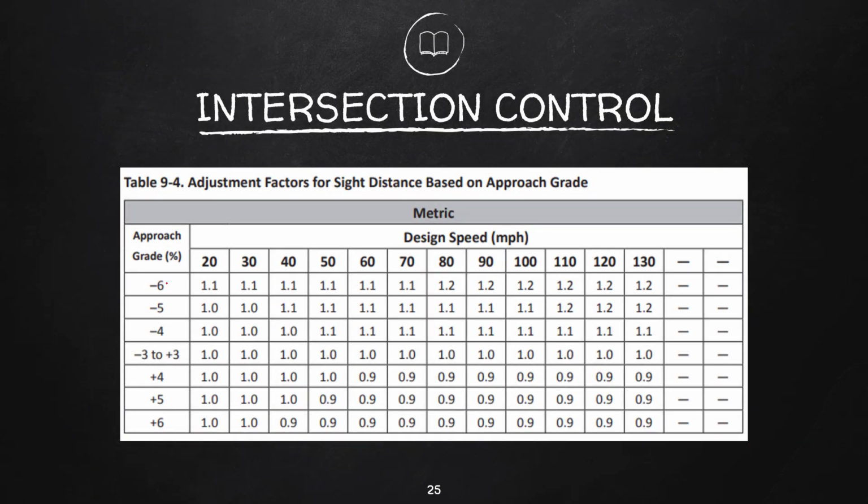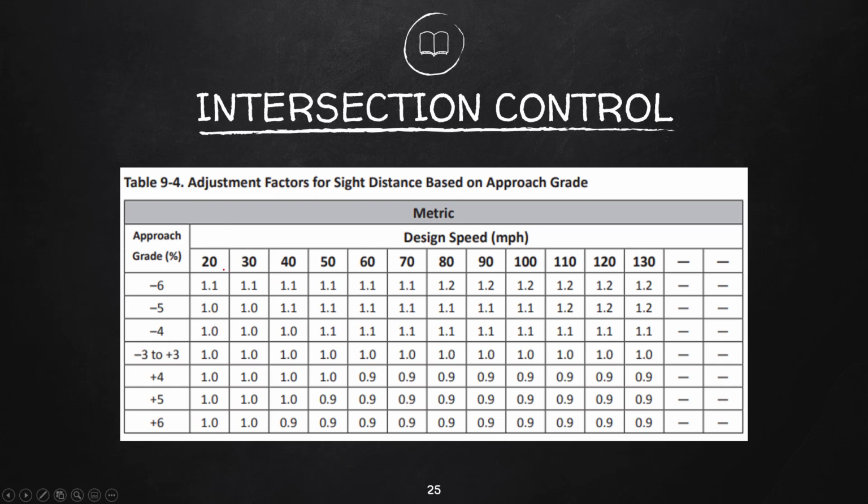So here, if you notice, for those approach grades, -3 to +3, you will multiply by a factor of 1.0. You're not changing it. But if you will have a higher grade, of course, you will need to multiply it by these factors.